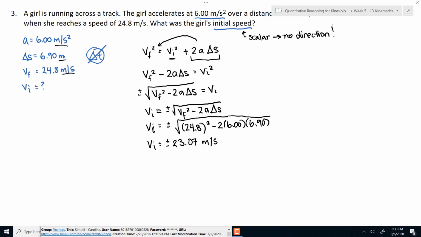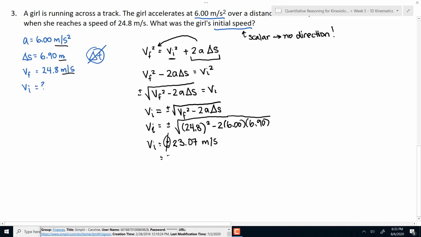If you say positive, that means you're going in the positive direction, whichever way that you define that to be. Maybe it means forward, maybe it means east or north. And minus means the negative direction. But in this case, we don't care about the direction, so that means we don't care about the sign. You would never put in a negative for a speed, because that would indicate you're going in the negative direction. But when we ask for speed, we're not looking for direction. So I'm just going to get rid of this altogether.